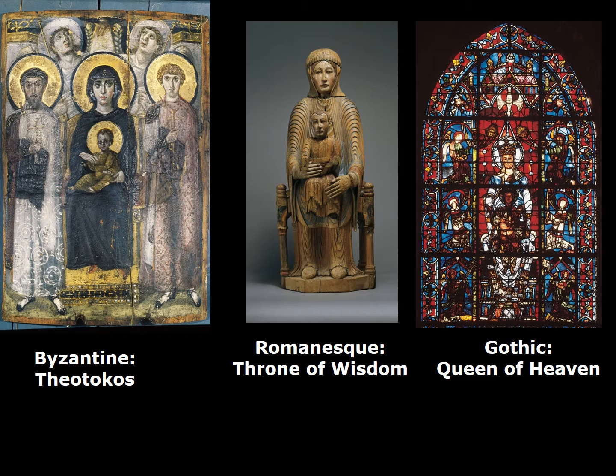Notice it's not like she's carrying a little baby, but she's become the throne for Jesus as the embodiment of wisdom. And then in the Gothic, Mary's often represented as the Queen of Heaven. So she's royalty. She is enthroned. She's got her crown on. It's all about the royal nature of the Queen of Heaven, of Virgin Mary.